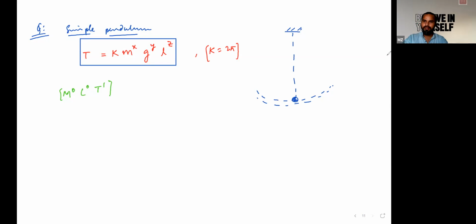Mariam, check the exponent of L. The rest is correct.